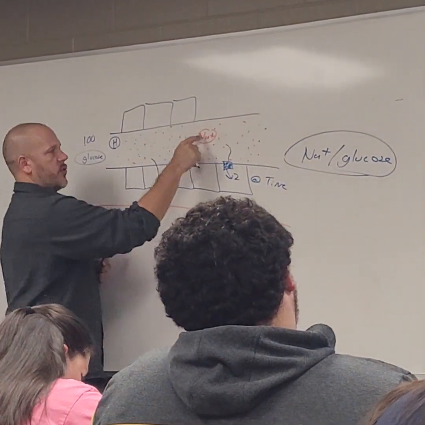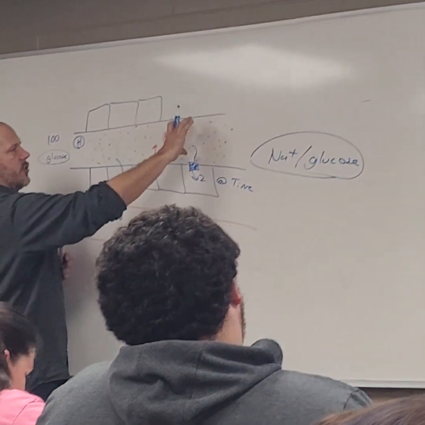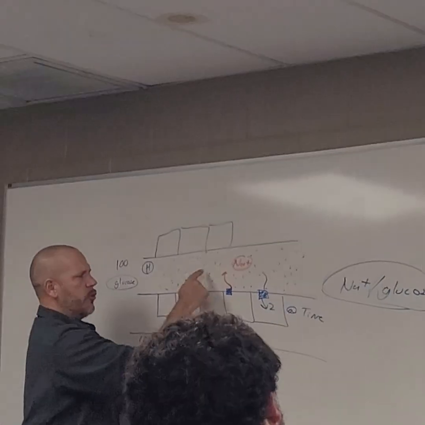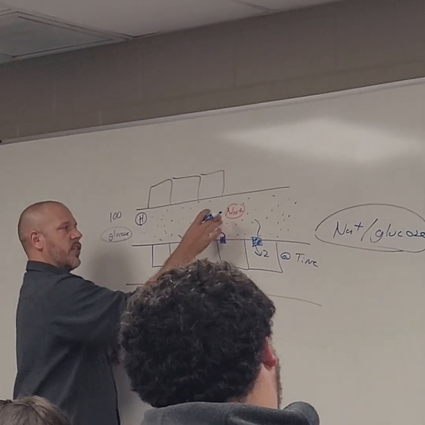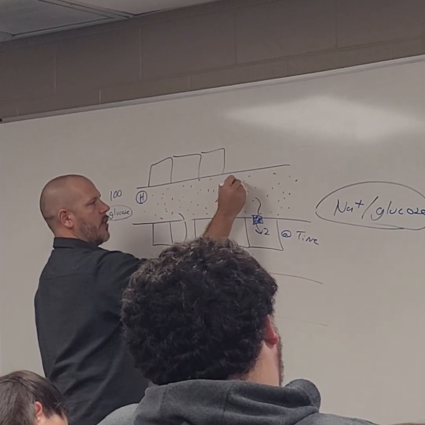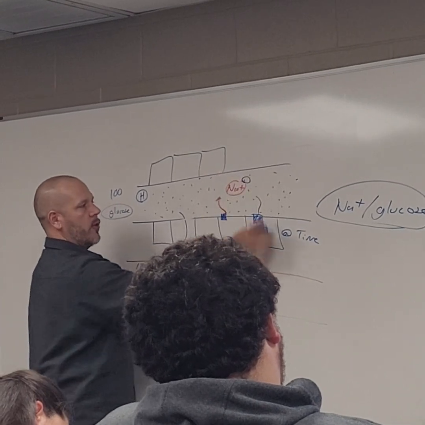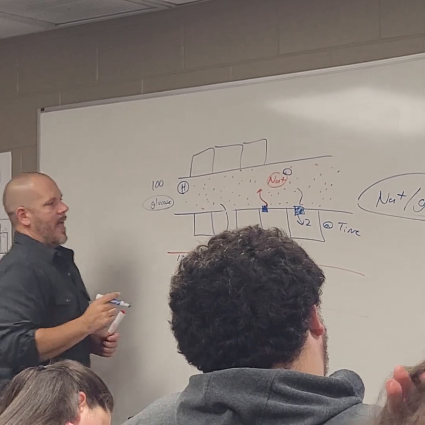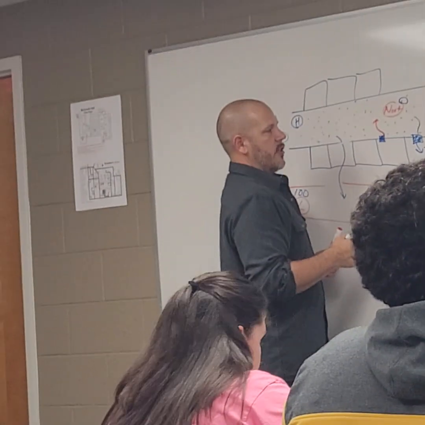So where does this sodium want to go? If I'm really highly concentrating it in here, it wants to come back out, right? The glucose, not so much. But the sodium has such a high concentration here that it will basically pull glucose along with it. And that is secondary active transport.